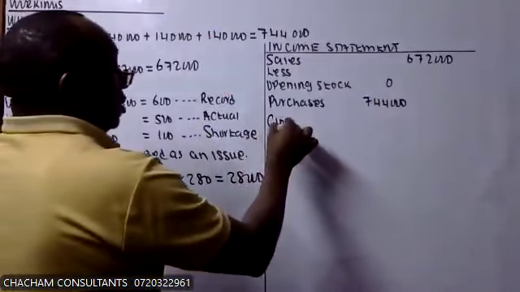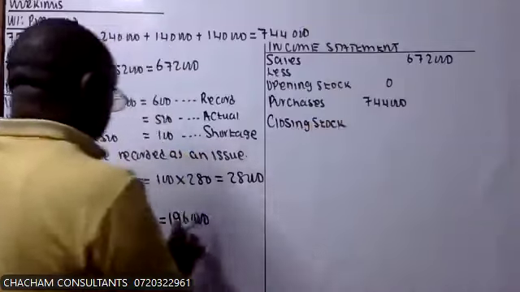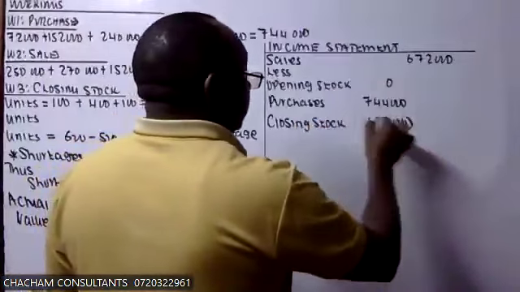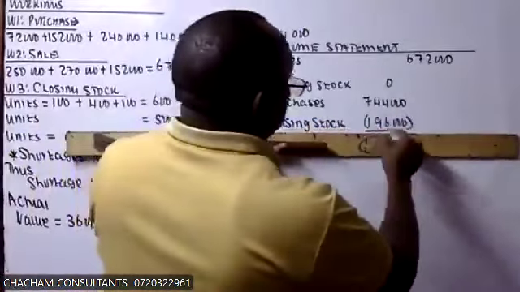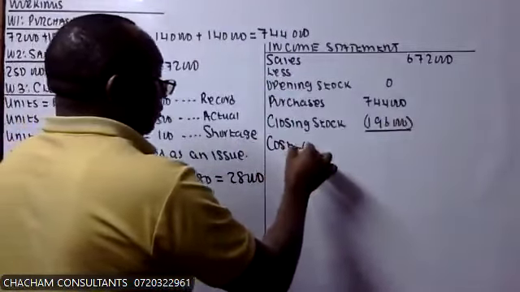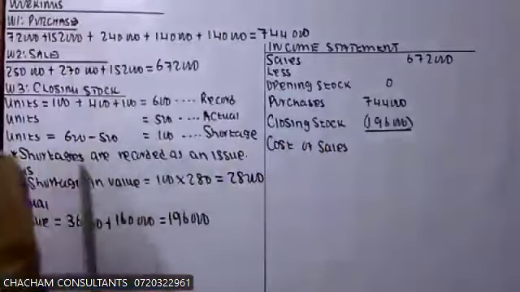Closing stock, we have got the correct value now, 196,000. So that will give us the cost of sales.